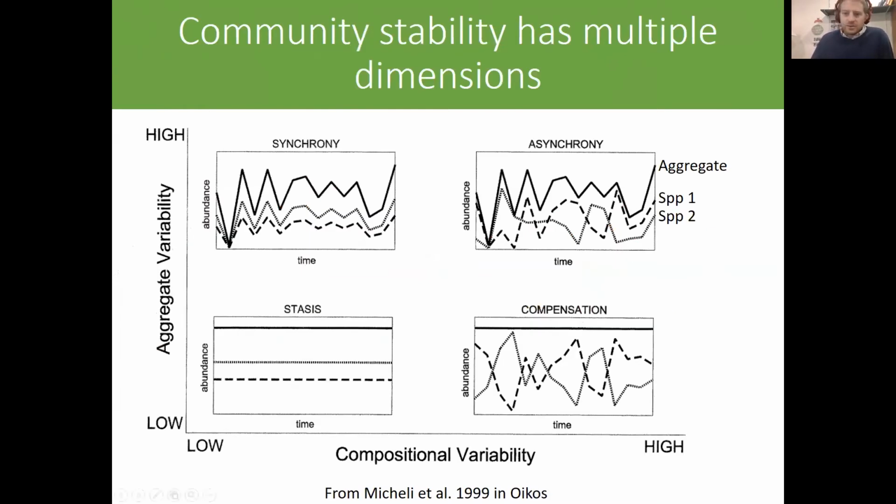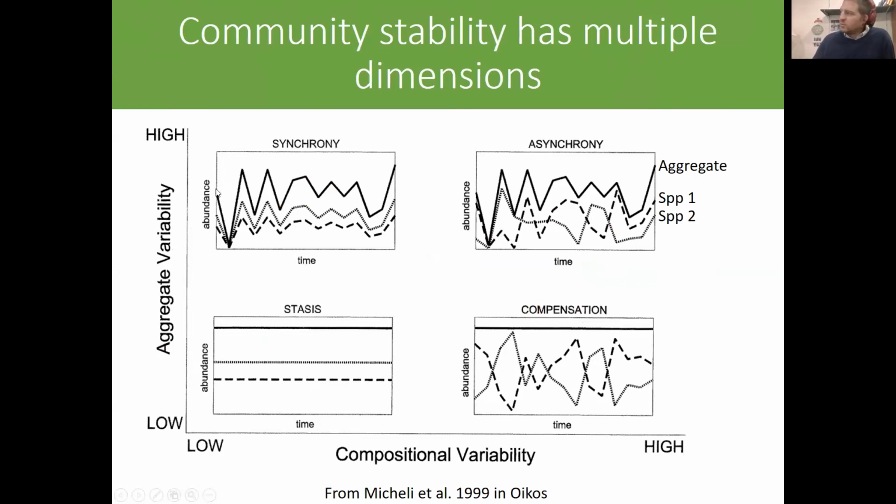Okay, so I've just been talking about a univariate response metric, like total biomass. But Micheli et al. in 1999 published a paper that's really influenced me and a bunch of my colleagues, where they described these two aspects of variability. So there's aggregate variability.